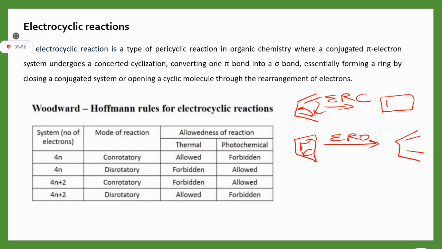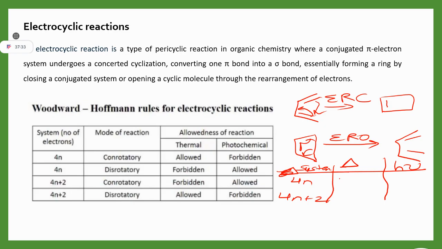And we have also seen how we arrived at the Woodward-Hoffmann rule. There are two conditions possible: thermal and photochemical, correct? And two types of system possible. Your system can be 4n type, or your system can be 4n plus 2 type, right? When your system is 4n, for example, in case of butadiene under thermal condition, what was its HOMO?